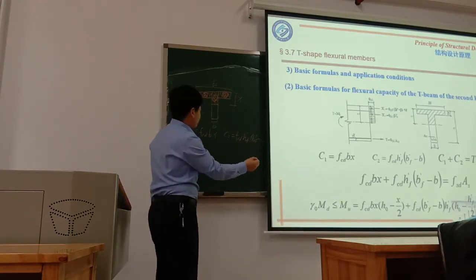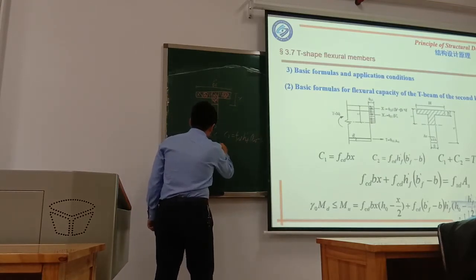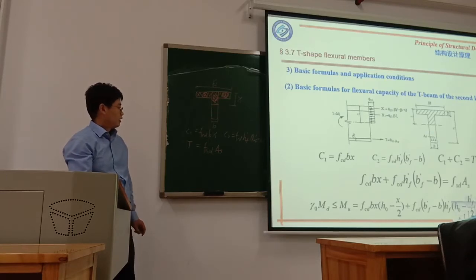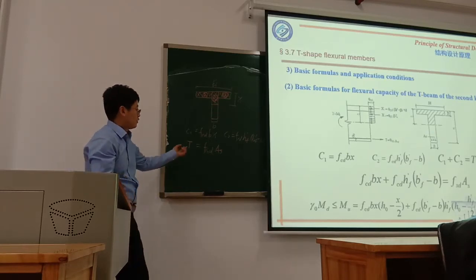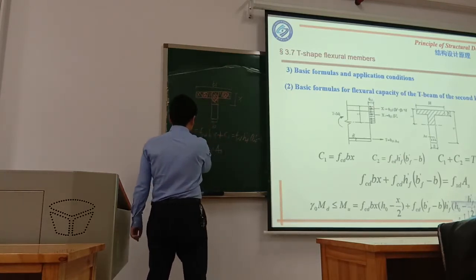And the tension force T is the same, FSD AS. So the basic equation becomes C1 plus C2 equals T.